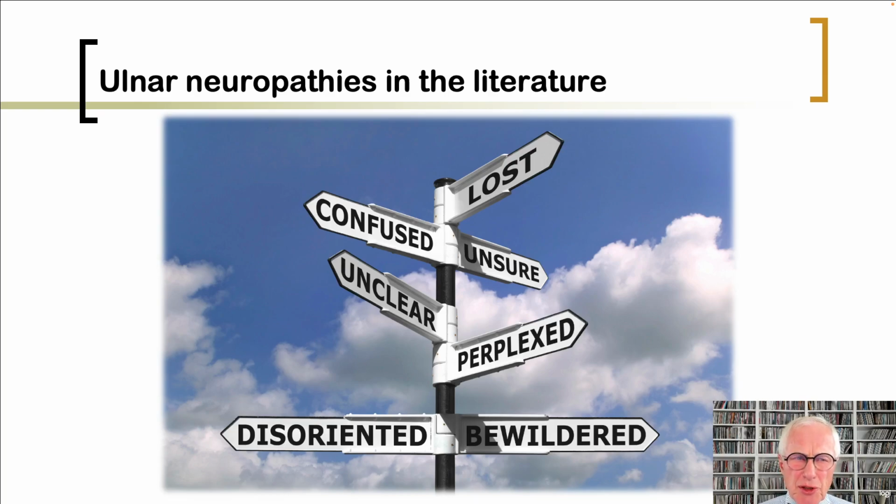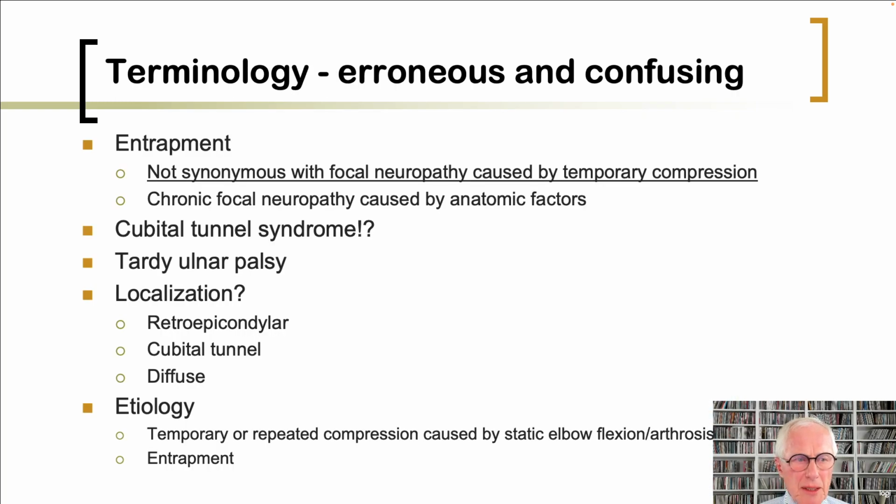In the literature, ulnar neuropathies are quite confusing, partly because of the terminology, but also about what is causing them. It's not really that clear. Very often we talk about ulnar nerve entrapments. Entrapment is a chronic neuropathy caused by anatomical causes.